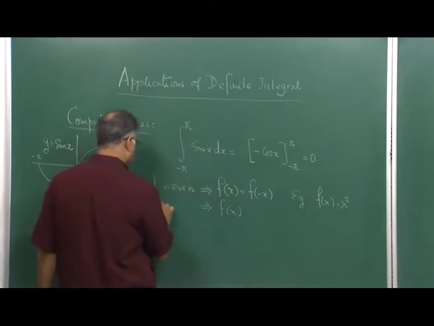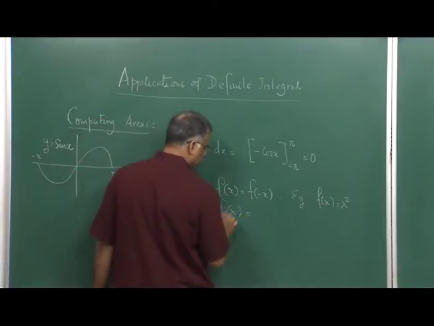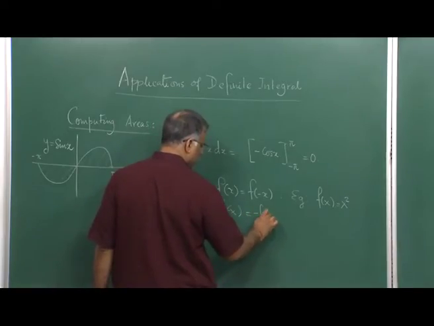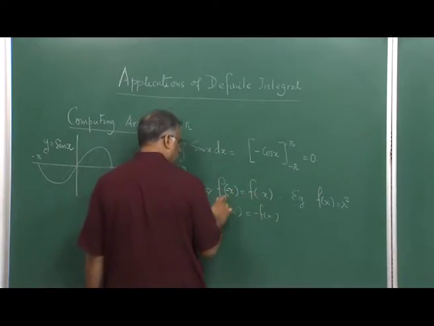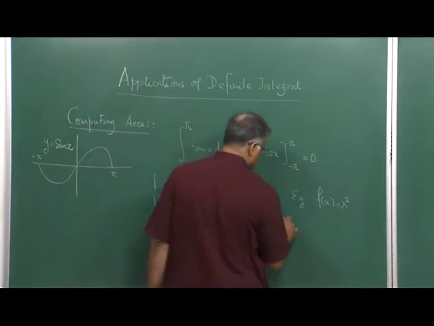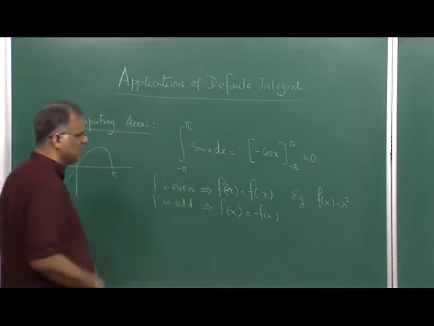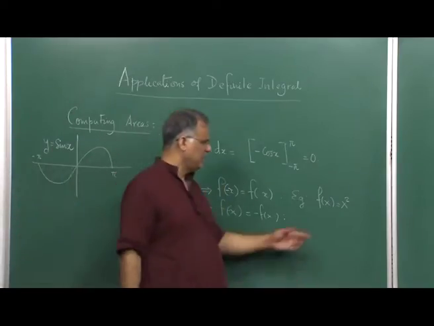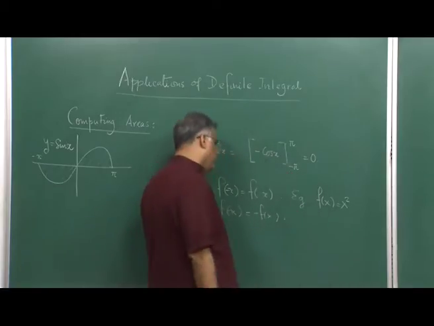Another is f is odd, that is, f of minus x is minus of f of x. Here f of minus x is f x, here f of minus x is minus f x. So this is a function which has symmetry on both sides, and in this case it does not, it has a sort of anti-symmetry, x cubed, for example.